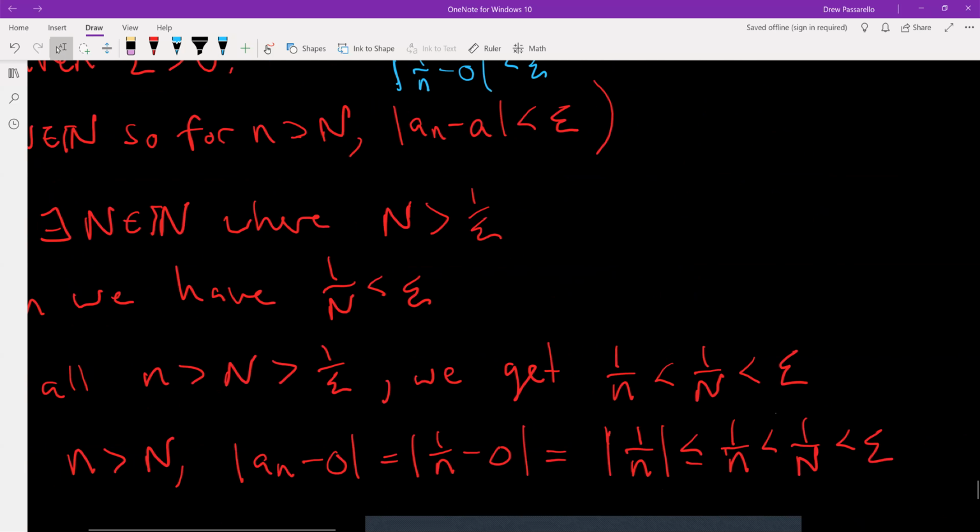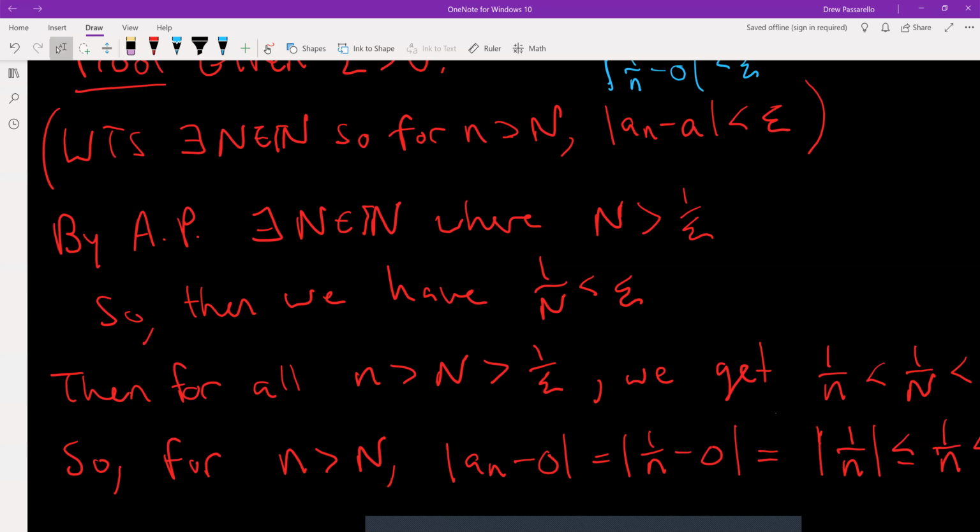All right, and that's the cutoff value we need for capital N. Our cutoff value for capital N is the n bigger than 1 over epsilon, which is guaranteed by the Archimedean principle.